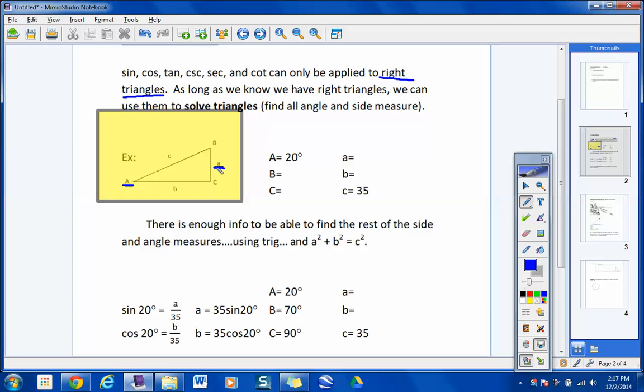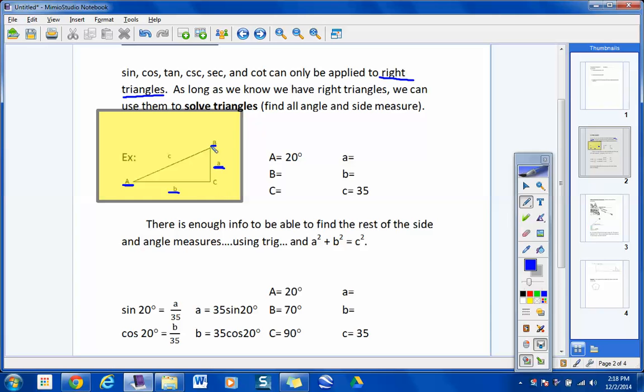So if you know what an angle is, then its corresponding side is going to be opposite that. Do you see how side A is opposite of angle A? Is side A even touching this angle? It isn't. See how side B down here is opposite of angle B up here? Does side B touch angle B? Do you understand what I'm talking about? So the side is always going to be opposite of the angle that they're talking about. Everybody make sense out of that?